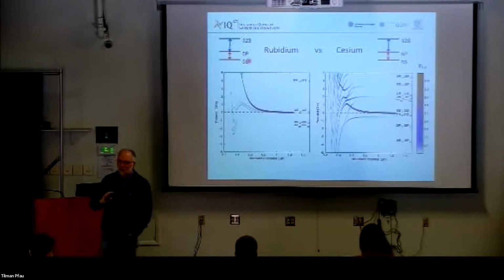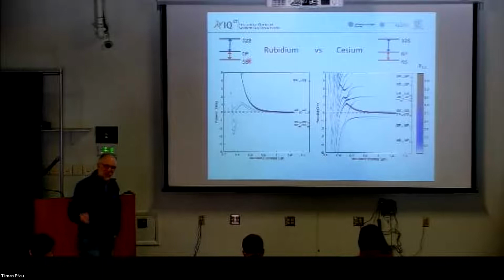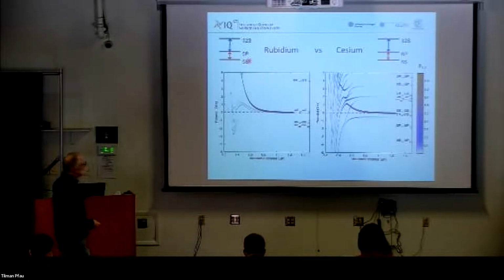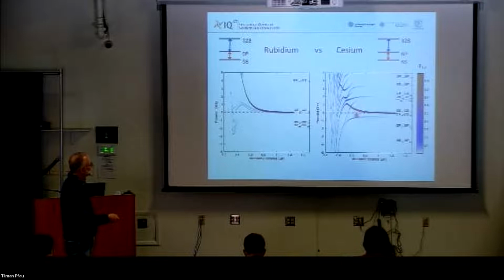No, it's a repulsive van der Waals potential and not a lot of trouble is to be expected. However, if you do the same thing with cesium over here, you follow this potential and you see, oh my God, there are a lot of crossings and avoided crossings, and it looks very messy.